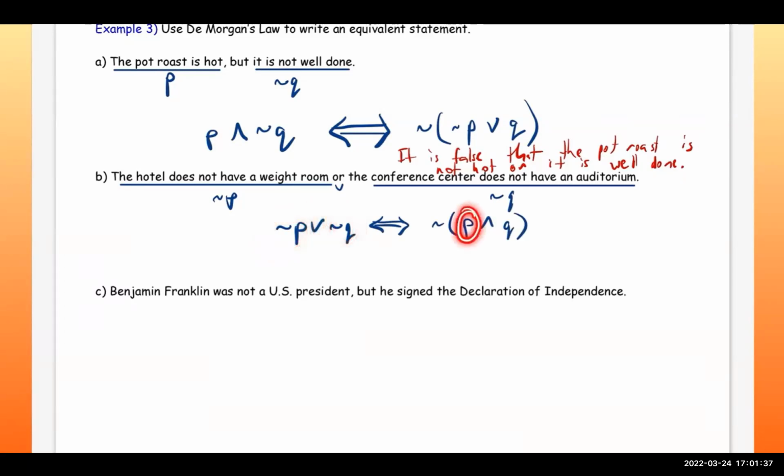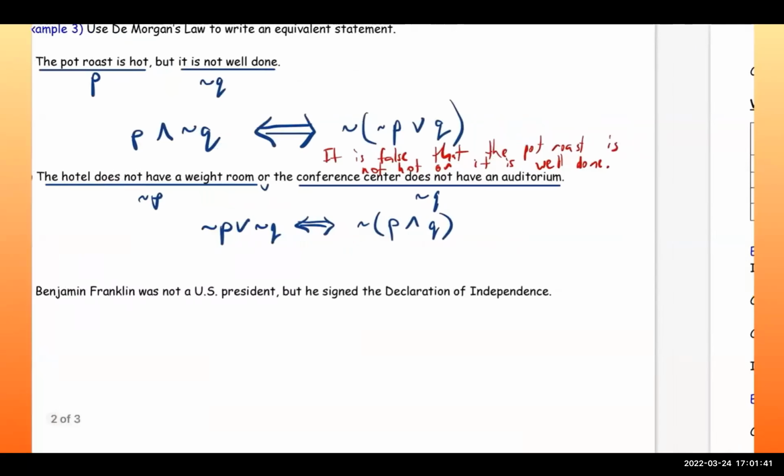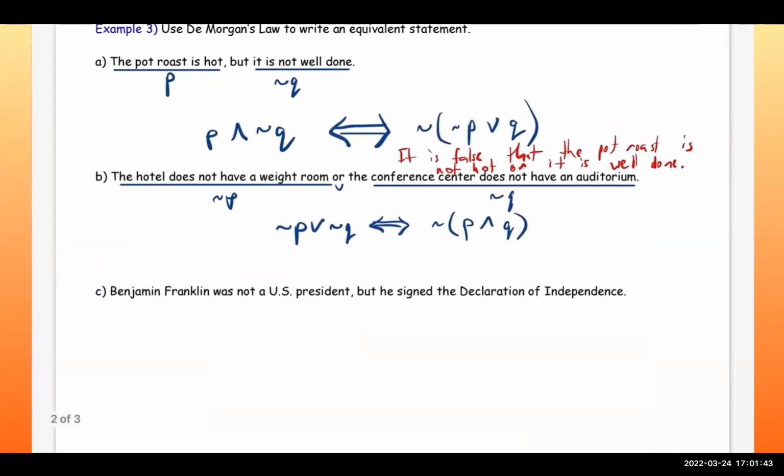Then we can write the sentence in English, which would be, it is false that the hotel has a weight room and the conference center has an auditorium.